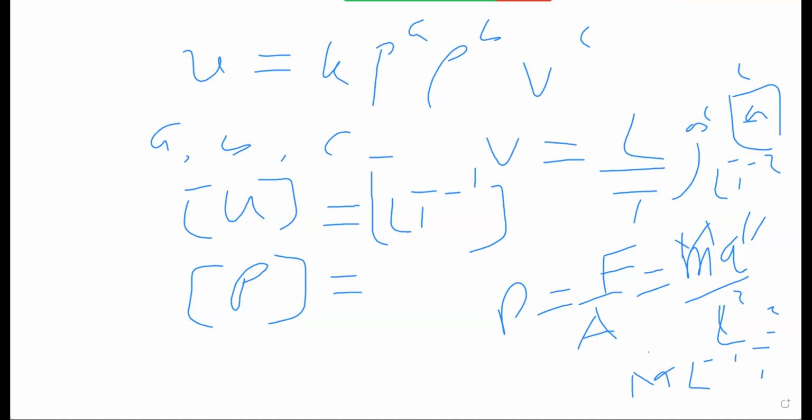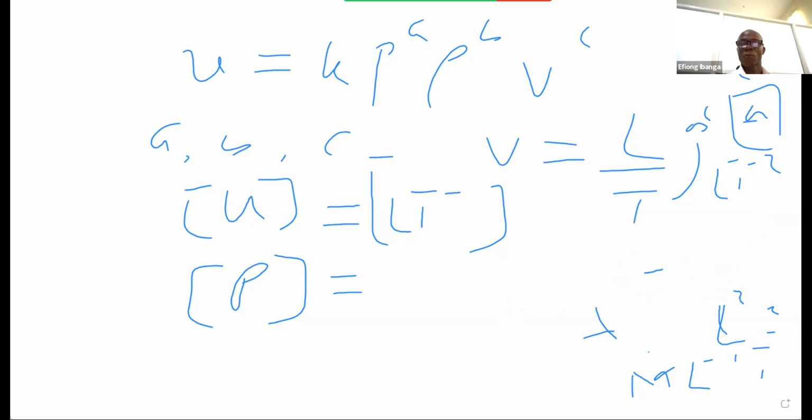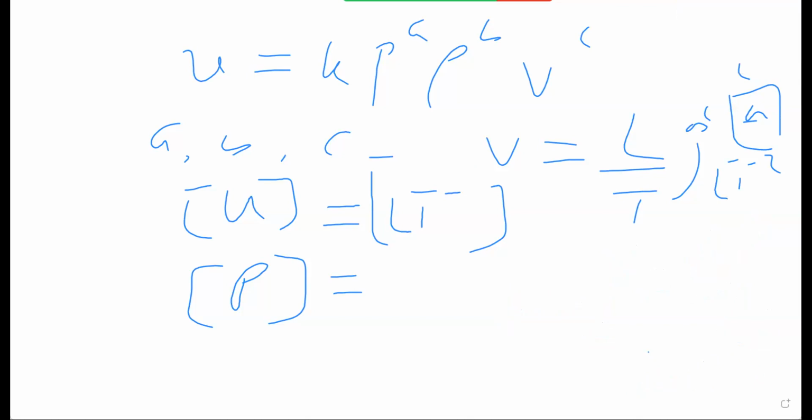So we have gotten that the dimension of pressure is going to be equal to ML to the minus 1, T to the minus 2. So I can now write that there. Let me, for want of space, write that here. You have understood this now.